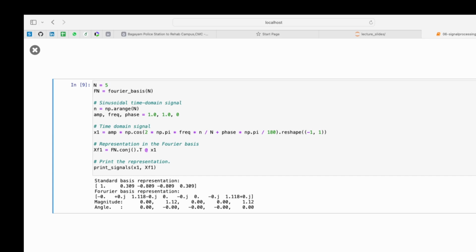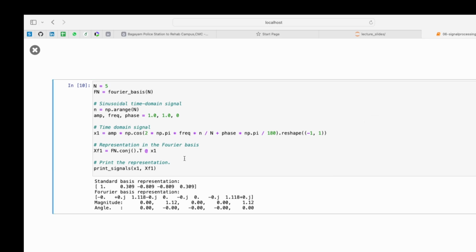Let me run this again. This is your x, this is your xf. The first number is 0 plus 0, second number, third number, fourth number, fifth number. 5 numbers again. But if you look at this, all the numbers are 0 except for these two numbers.